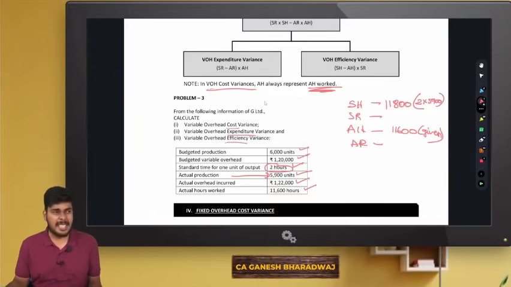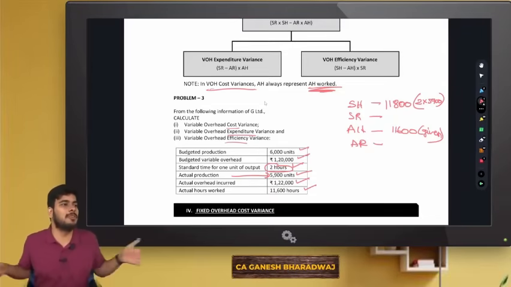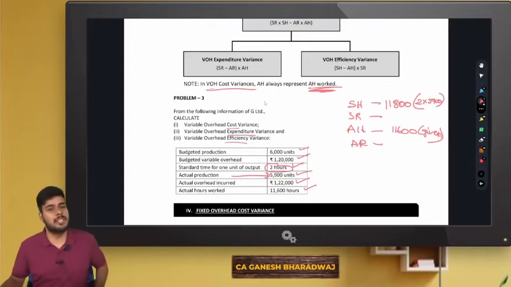Standard rate means what? Per unit or per hour? Where did unit come from? Throughout we are talking only about hours, no? Correct. So per hour, how much is it? What answer did you get?